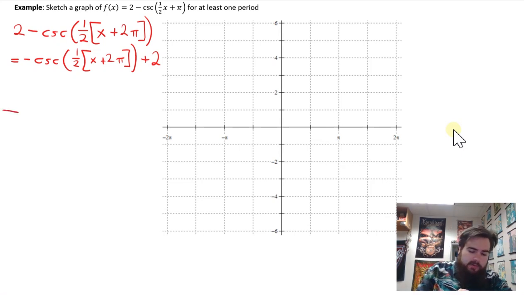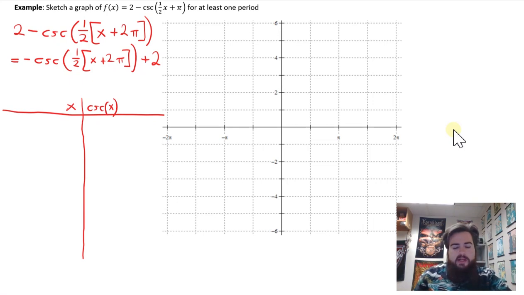Either way though, from here we can work with a t-table in order to come up with x and y coordinates for this. The beginning of this t-table is just going to be like sine and cosine, where I'm going to begin with 0, pi halves, pi, 3 pi halves, and 2 pi. After that, I plug in the values for cosecant.